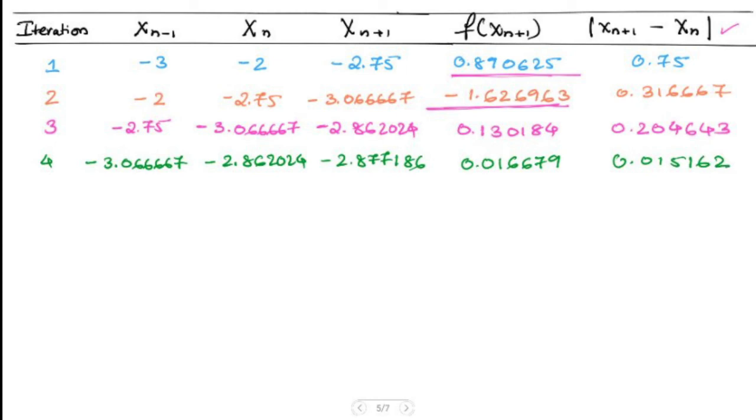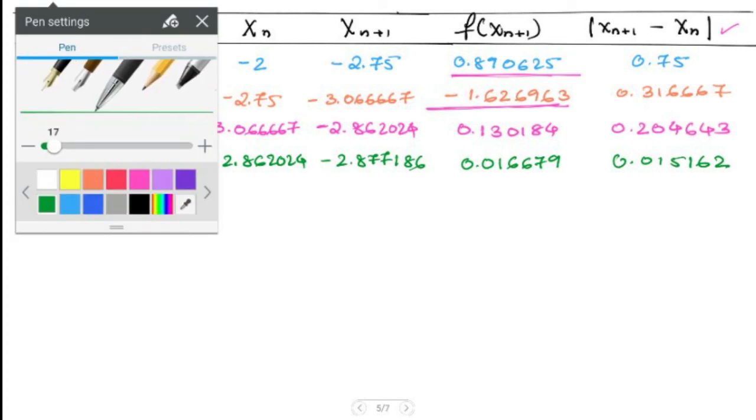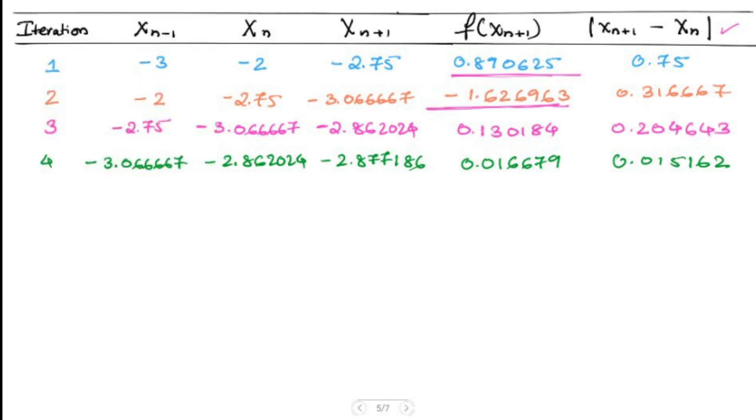Now still we haven't reached below 10 to the power minus 4, so we continue on our work here and we go to the fifth iteration now.